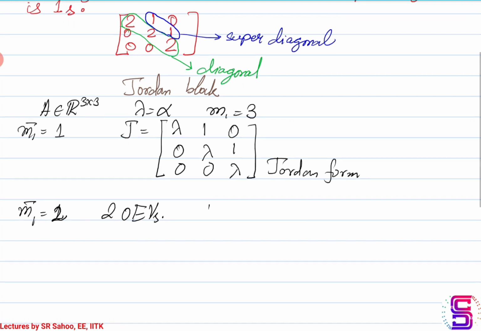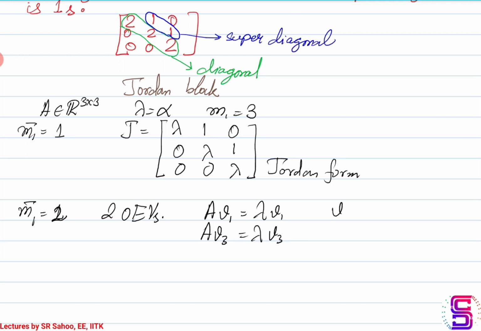In that case, you have two ordinary eigenvectors. Let's say A V1 is lambda V1, and I label the third vector as the other ordinary eigenvector. Now the generalized eigenvector can be generated either from V1, or from V3, or from a linear combination of both.